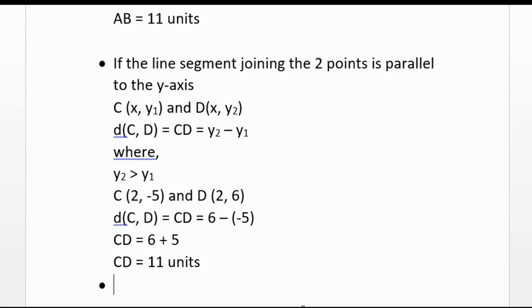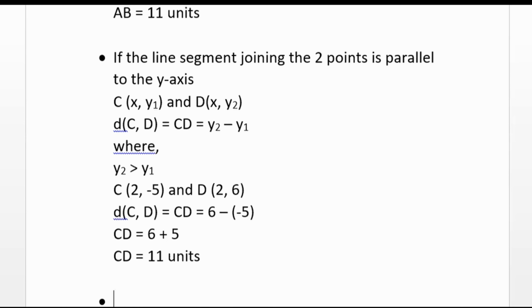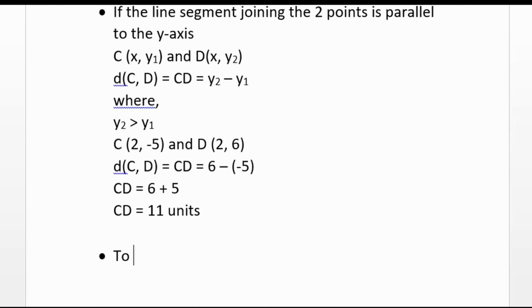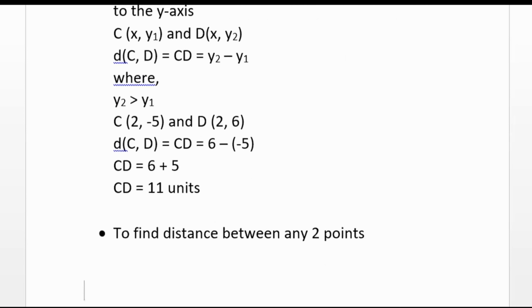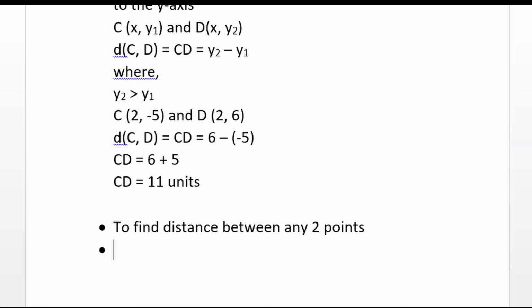So here we say that to find the distance between any 2 points, the formula is, let's say any 2 points are point A, whose coordinates are (x1, y1), and point B is (x2, y2).